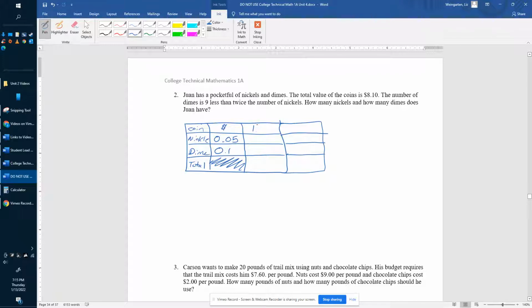So now we have the number of each coin. Now, this one's kind of gross. The number of dimes is 9 less than twice the number of nickels. So let's say nickels is x, dimes is y.